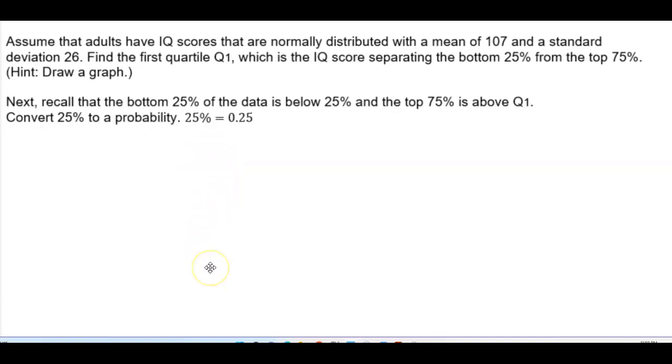So what we're going to do is draw a bell curve. With this bell curve, we want to identify where the area is located. But before we do that, we can see that the mean is 107, so we're going to label where the mean is. And then we're going to draw a line where we have the bottom 25%.